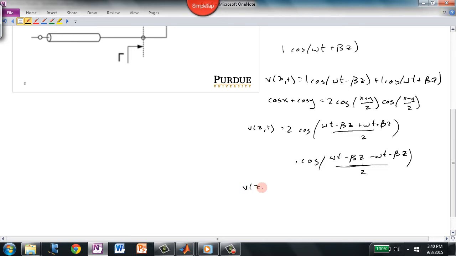So v of z comma t is therefore equal to 2 cosine. We see that the beta z and beta z cancel out, so we have omega t plus omega t, which is 2 omega t, divided by 2 is just omega t. And in the second term, we have omega t minus omega t, and minus beta z, so that's 0 minus 2 beta z divided by 2.